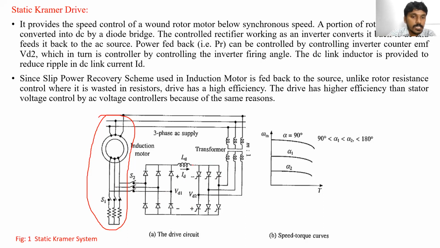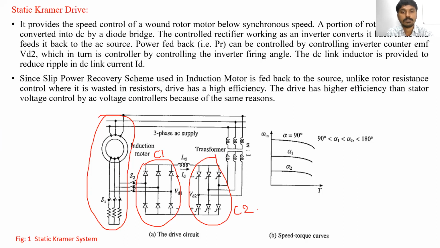The Kramer system has two converters. One is the diode rectifier, and another one is the inverter, which converts from DC to AC. This is converter 1, and this is converter 2.